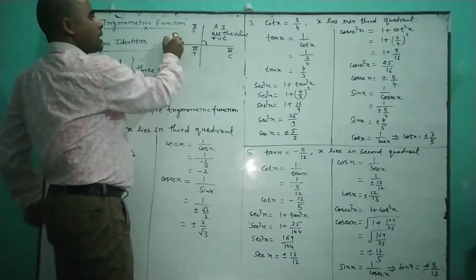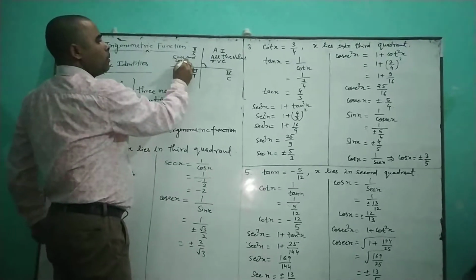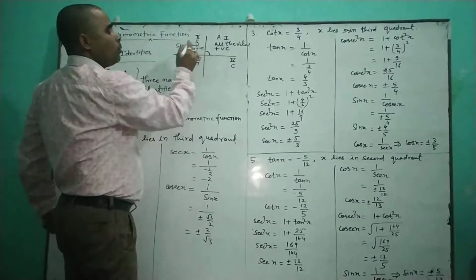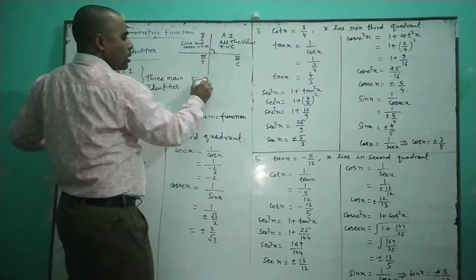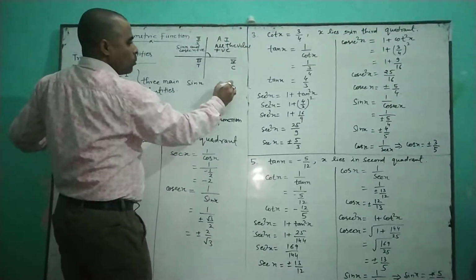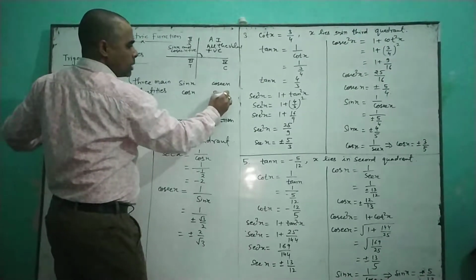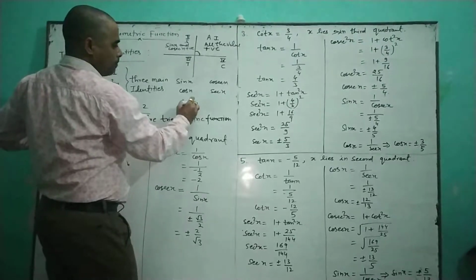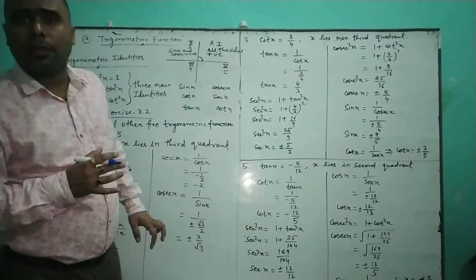Now S means sin x and its opposite cosec x will be positive and the rest negative. Rest negative means there are 6 terms: sin, cosec, cos, sec, tan, cot. 6 trigonometric functions.